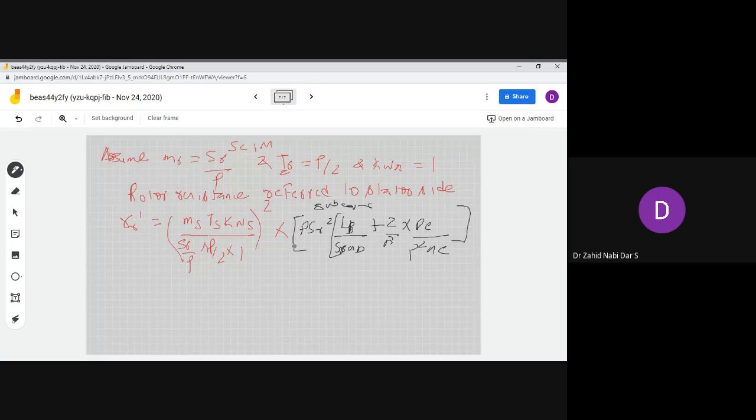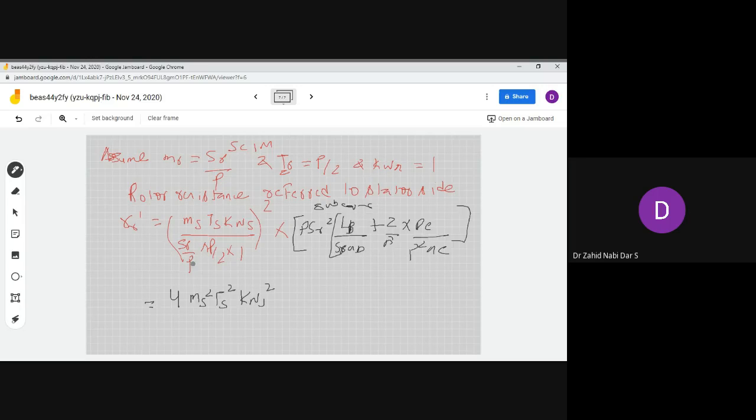So when we re-substitute, this is a whole square, so this will become p by 4. So this 4 will come over here. We can write 4 ms square ts square kws square, then sr by p.